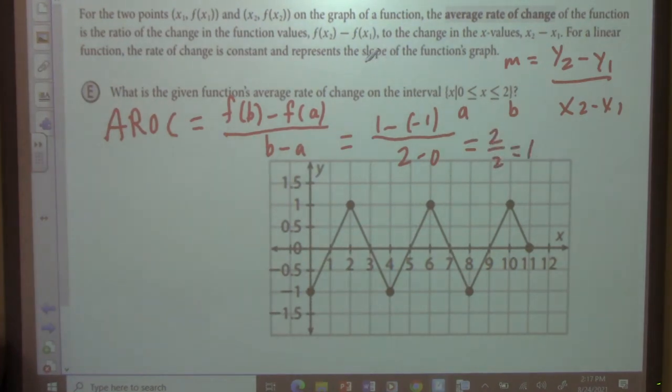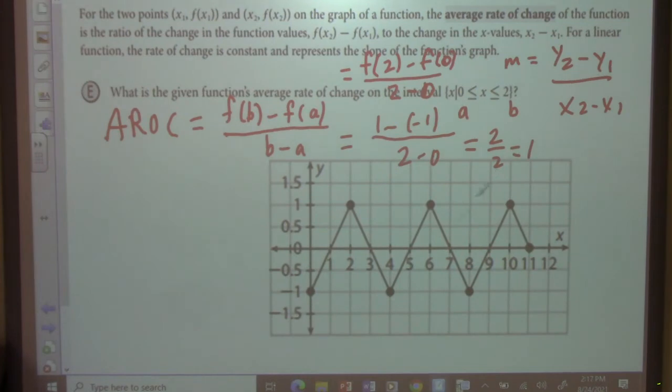And one thing I didn't write, so it might not be clear, is that it's f of 2 minus f of 0 over 2 minus 0. You see that's what that is? Did I confuse you too much? F of 2 minus f of 0 over 2 minus 0. That's what that is. Are you okay with that?